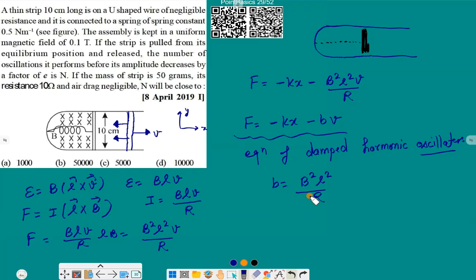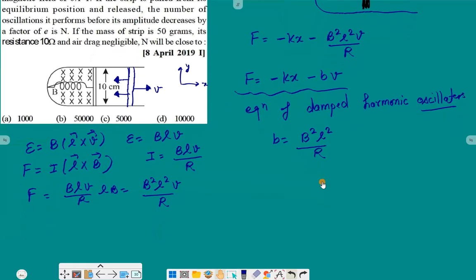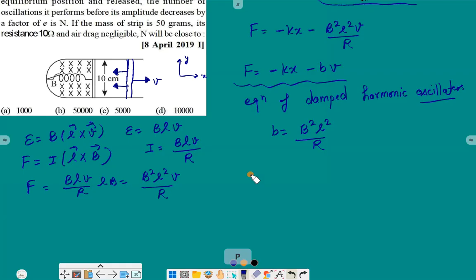And we know that in the case of damped oscillations, the amplitude follows the relation A equals A naught e raised to power minus bt by 2m, where m is the mass and b is the damping constant.